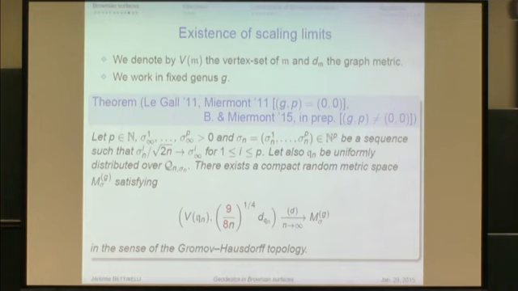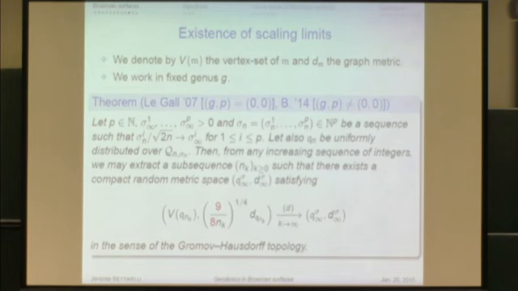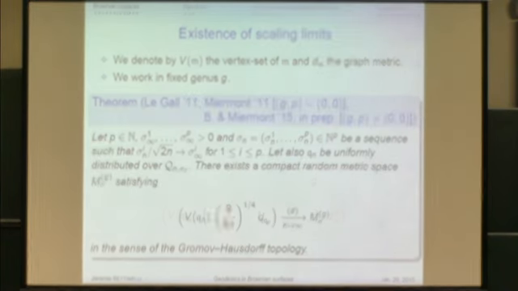And this is what I will call a Brownian surface. I decided to state both theorems. Of course, this one is stronger than the previous one, because what I'm going to say now does not actually need this theorem. We only need the weak version of the theorem to keep up.